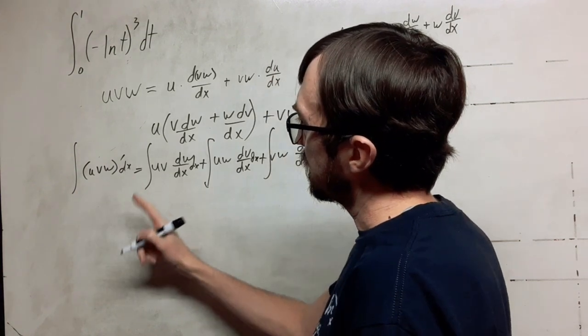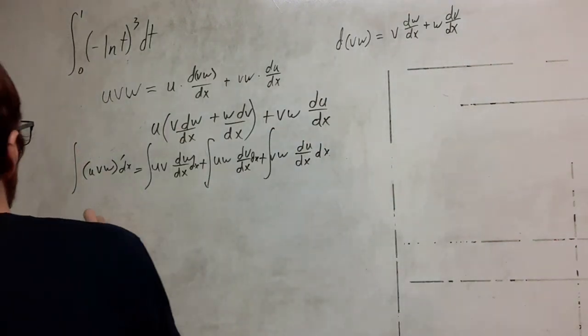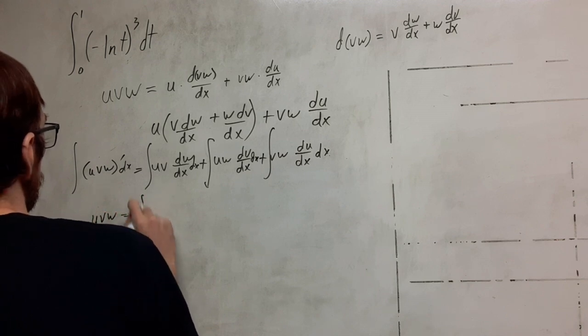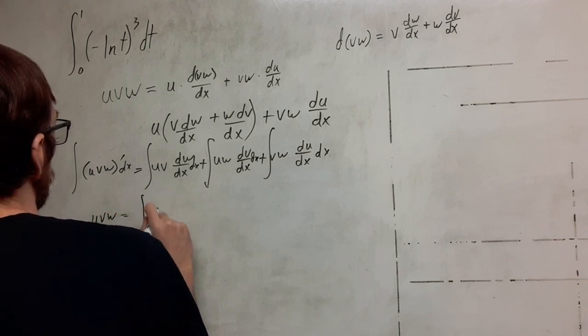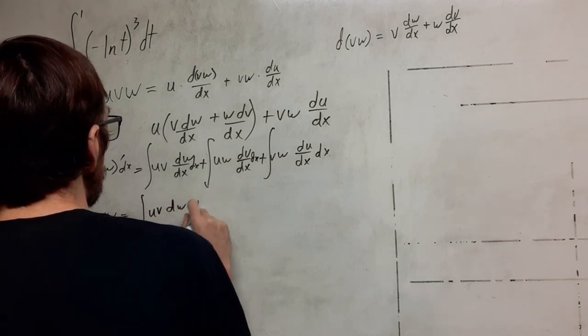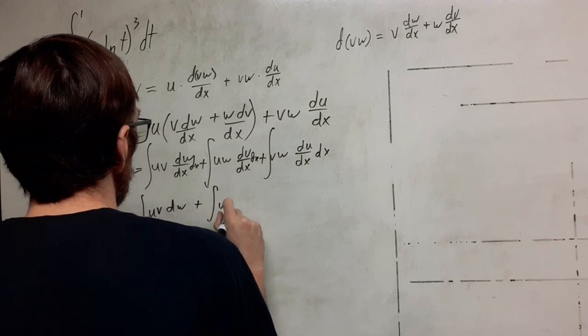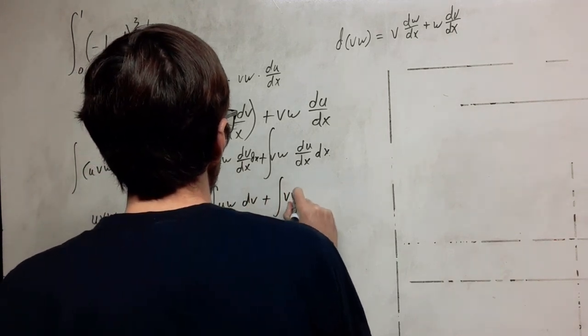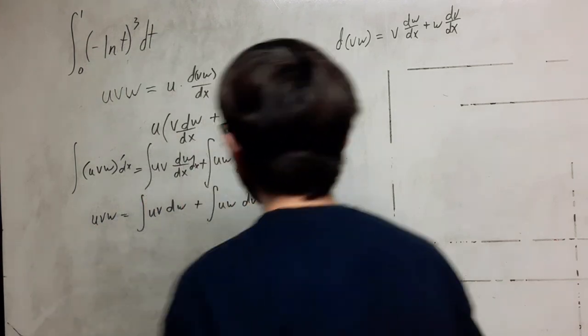This is an inverse operation here, so we come back to having uvw is equal to the integral of uv dw plus the integral of uw dv plus the integral of vw du.